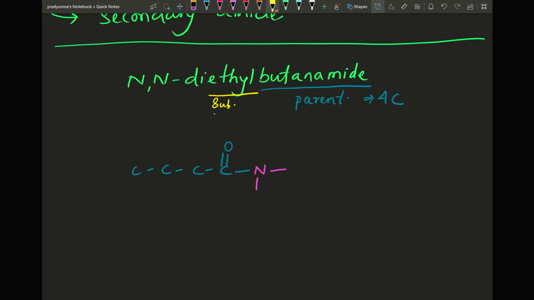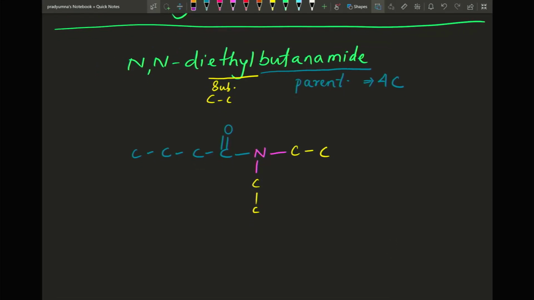If it's ethyl, how many carbon atoms? Eth has 2 carbon atoms, C-C. And if you look at the substituent location, it's on nitrogen. So that's why it says N,N. That means both of the ethyls are on nitrogen. So I'm going to do this, 2 here, 2 here. And that's it. That's our amide structure. So all we're going to do right now is add hydrogens.